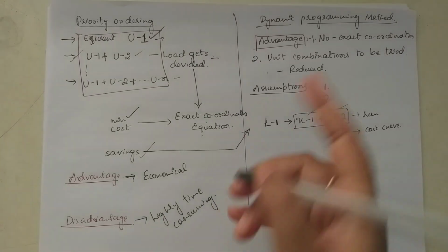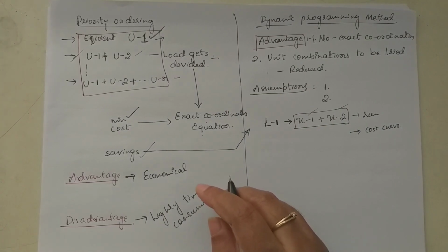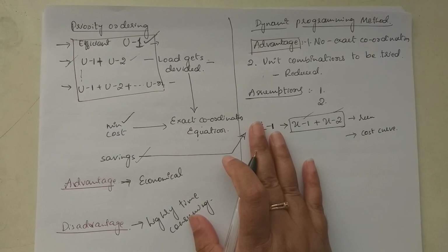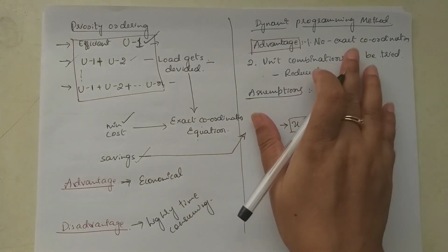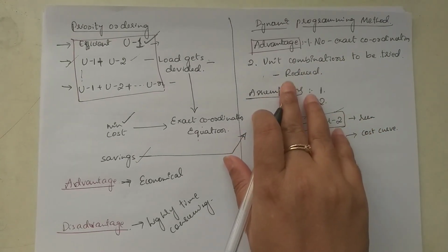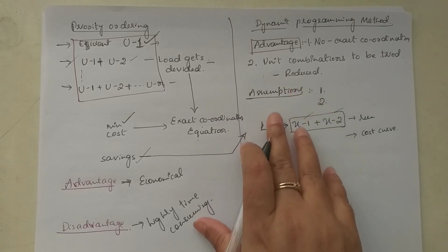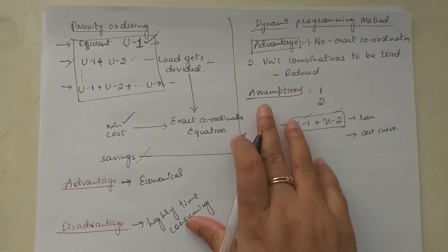Let us go through the dynamic programming method. The main advantage of the dynamic programming method is that there is no need to solve the exact coordination equation to get the minimum cost. The second advantage is that the unit combinations to be tried are reduced in number. Here some assumptions are made.